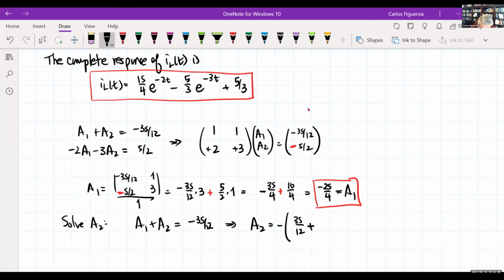In this case, A1 here is going to be minus 25/4. So I'm going to get a subtraction between these two. So then this should be minus 35/12 minus 75/12. So that gives me a constant of 40, right? Positive 40/12 for A2.